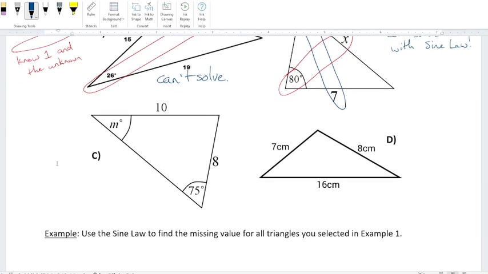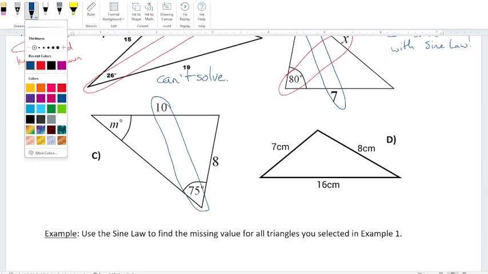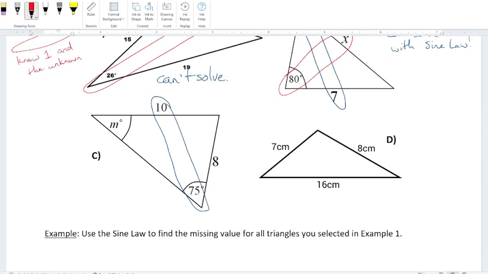Next, we have C. Let's see, this side is opposite that angle, and I know both. So there's my first loop. Can I get the second one? Well, here, those are opposite each other, angle and side. One I know, one I don't know.